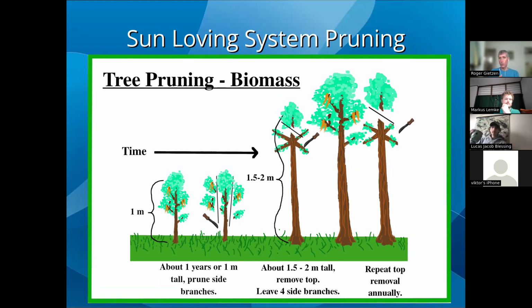You're going to have a dense row, so you're creating space. And then as that tree reaches 1.5, 2 meters, you can start to prune the top. Exactly at which level, like I said, is going to depend on what you have next to it. But usually when it's 2 or 3 meters, it's high enough to get the sun it needs.